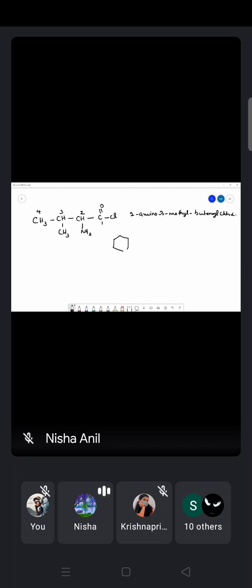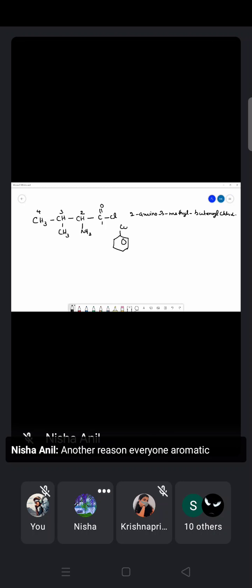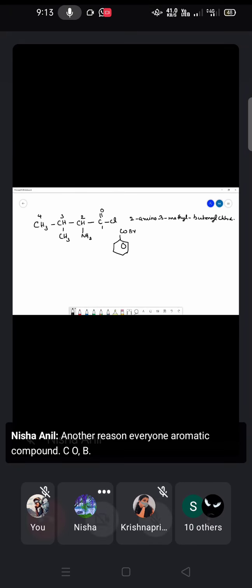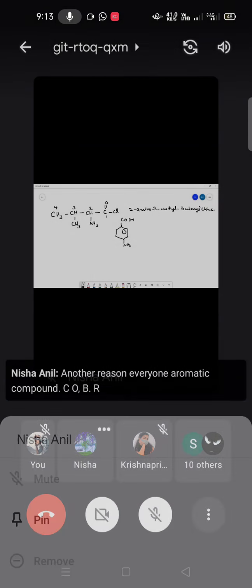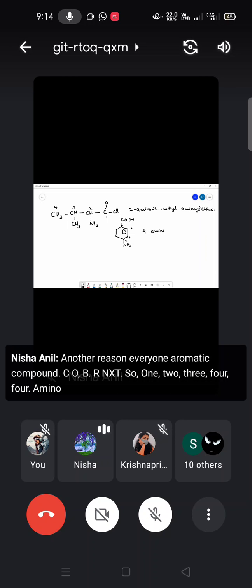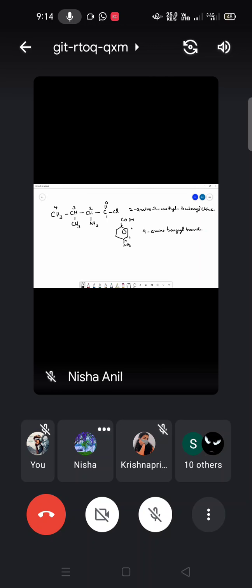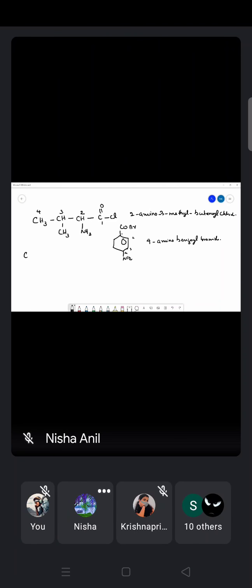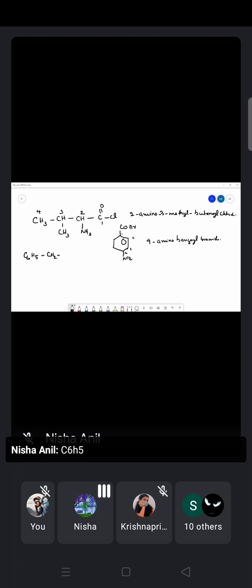Another is an aromatic compound, COBr with NH2. So 1, 2, 3, 4. 4-amino benzoyl bromide. Then C6H5 CH2 COCl.